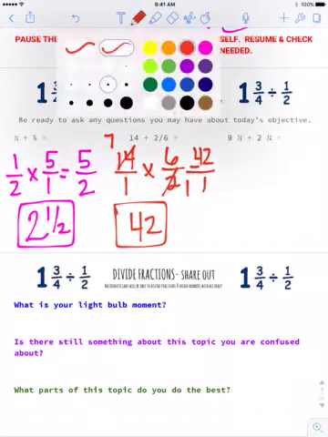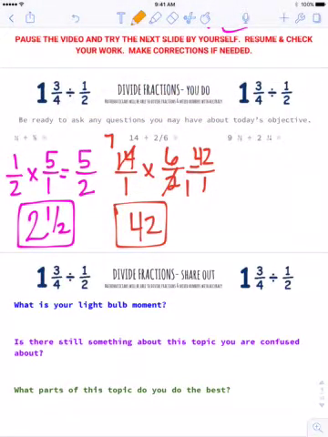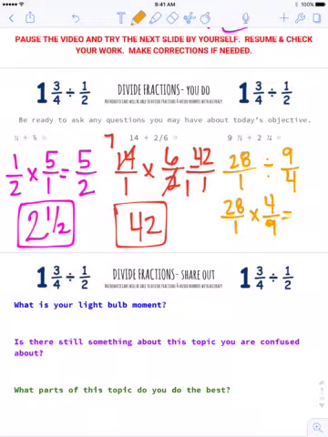And then, of course, you have 2 mixed numbers. That should have given you 28 over 1 divided by 9 over 4. When you keep, change, flip, there's actually nothing you can do here to simplify your process. So you're going to get 9 on the bottom, and then you might need to come up here and do 28 times 4 and get 112.